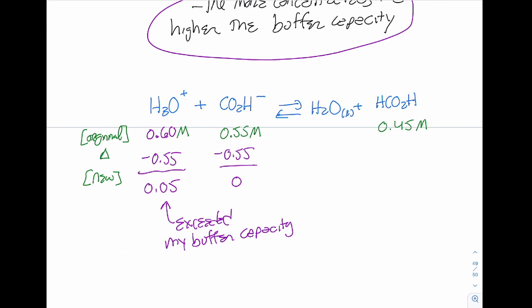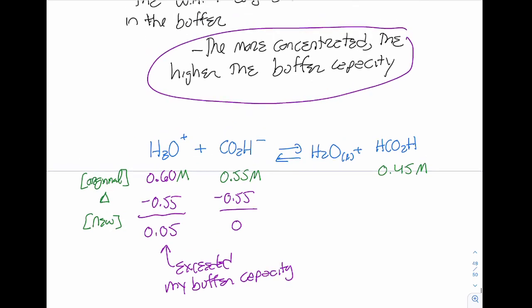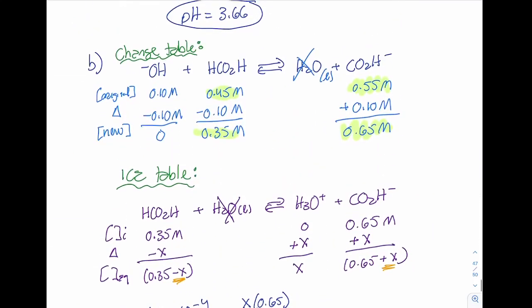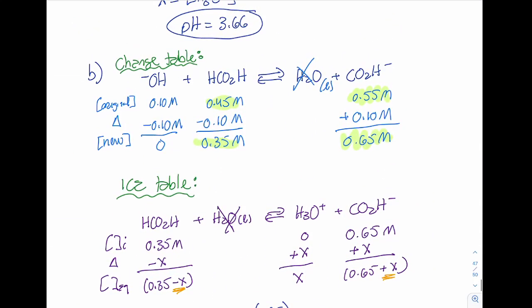So kind of the easiest way to look at buffering capacity, we want the concentration of this to be bigger than this. If the concentration of the acid I'm adding is bigger than the concentration of the base component, I've exceeded that capacity. And we can look at it with the base one also, going back up. If I look at the base one, we want the concentration of my base to be less than this.